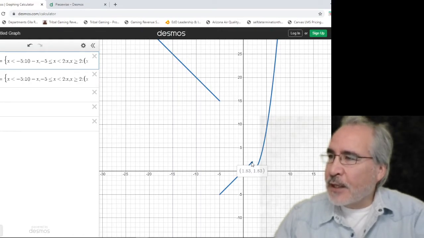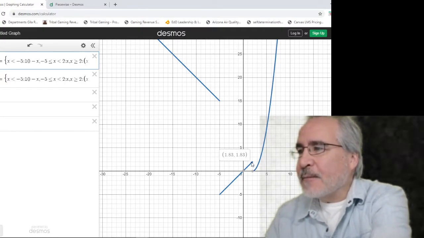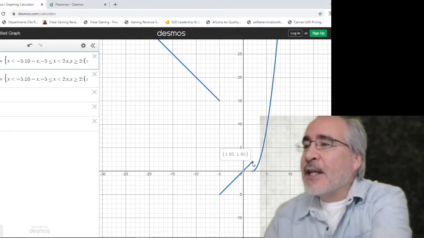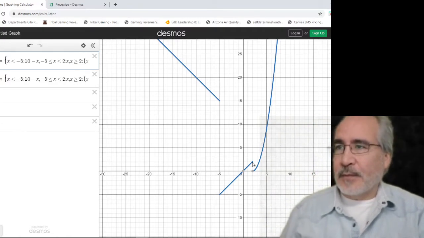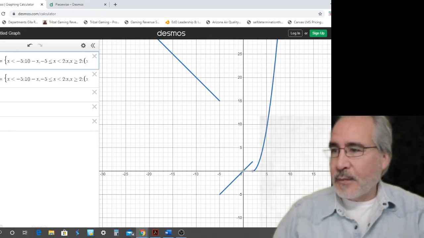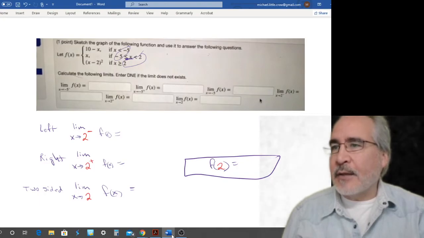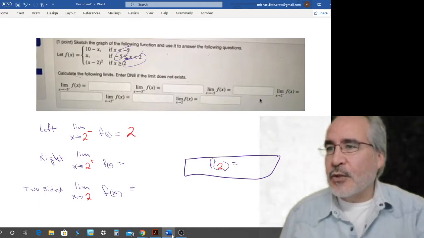With a limit, we don't actually get there, but let's see how close I can get it. It's about 1.99, 1.95. I'll call that good enough. We're getting very, very close to the y value of 2. So the limit as x goes to 2 from the left is going to be 2.